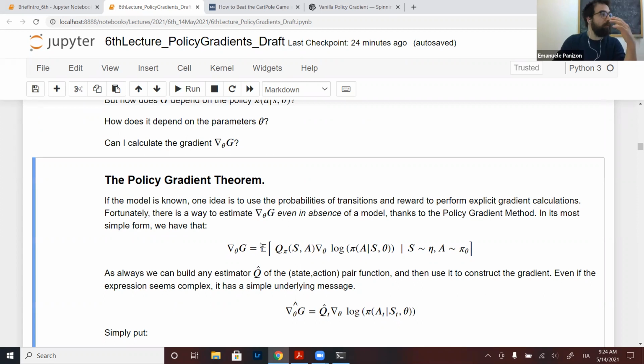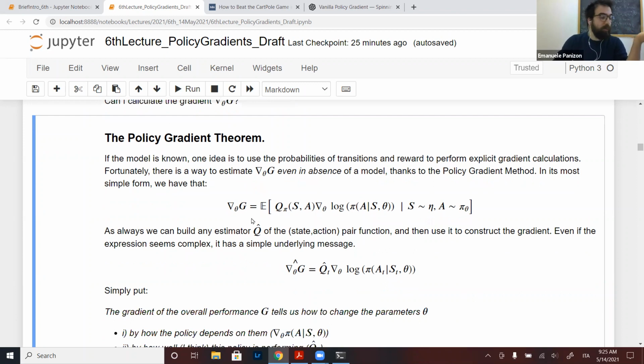Even if we don't know the model, if we collect trajectories and we are able to evaluate this quantity, where the states are taken with the correct probability given the trajectories, and the actions are taken with the correct probability of the policy, then if I am able to compute this expected value, it gives me the gradient of the goal.